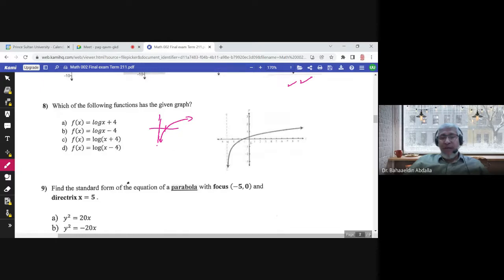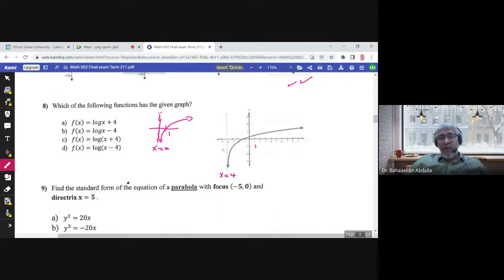So what happened here, this point (1, 0) is taken away. I don't know how many points, but this line now, which is the vertical asymptote, is taken away 4 points, because it was x equals 0, and now the vertical asymptote is x equals 4.